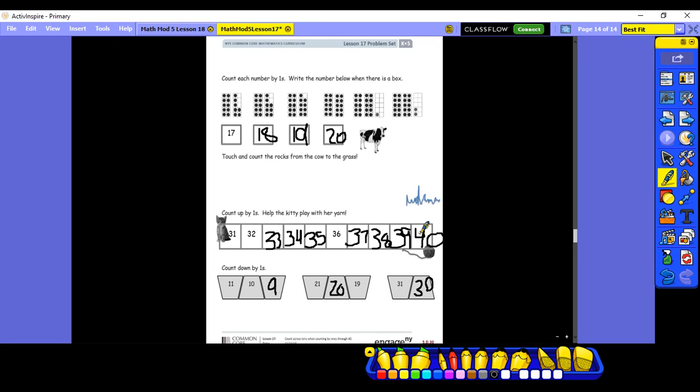How is the row for the kitten chasing the yarn different from the ones below? Yes, with the kitten we counted up by 1. Below we counted backward. We said 1 less.